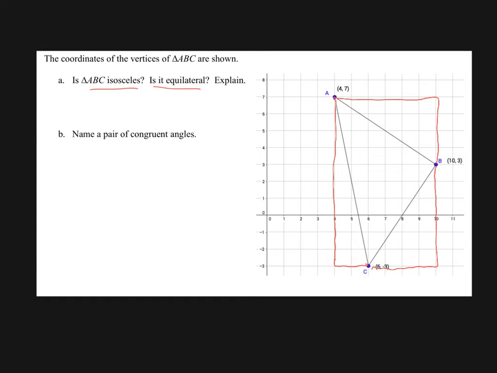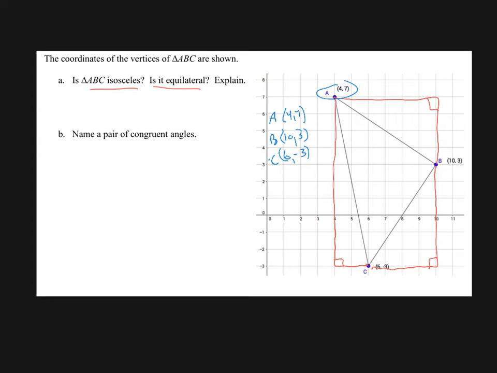Now, when can you not use the right triangle trick? If all we did was give you the actual coordinates, right? If we just said A was 4, 7, and B was 10, 3, and C was 6, negative 3, and we didn't give you a grid, then you would have to engage in the distance formula. So one or the other.